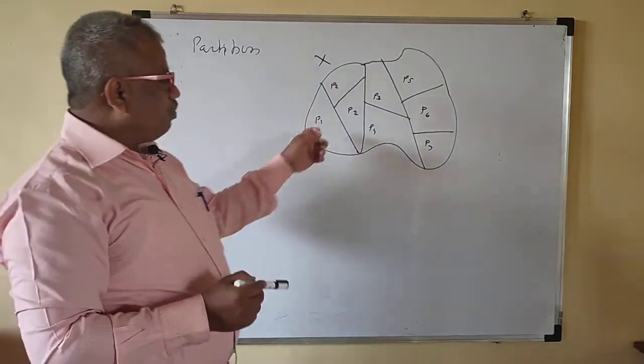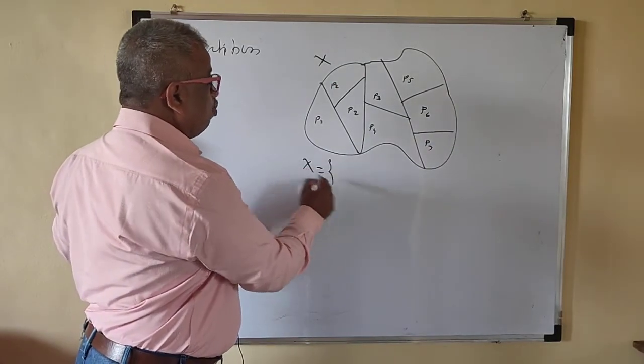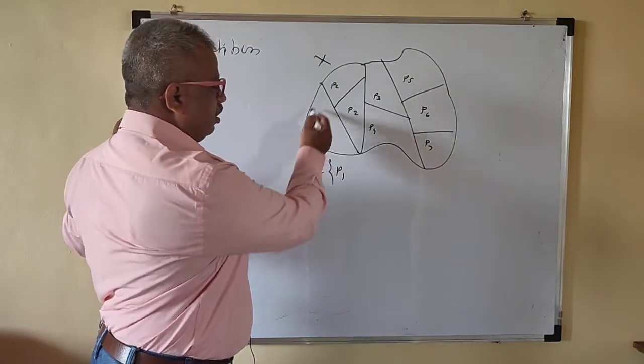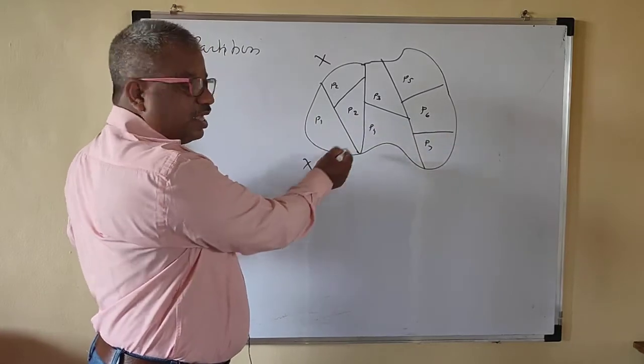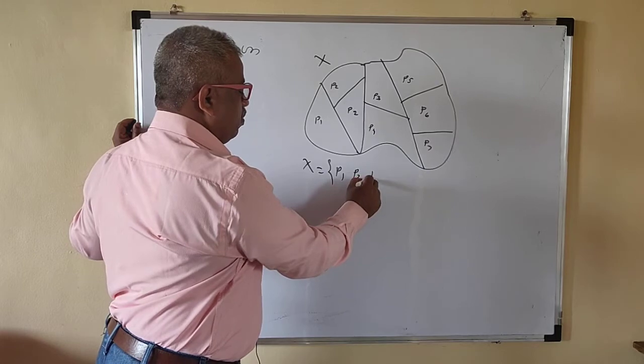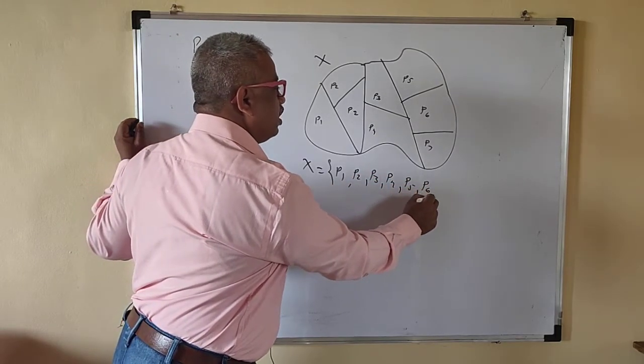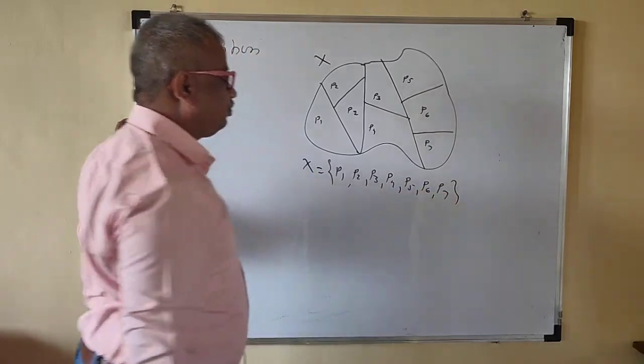Now these are P1, P2, P3 and so on. So your full X is nothing but the set of all the elements in the regions P1, P2, P3, P4, P5, P6 and P7.